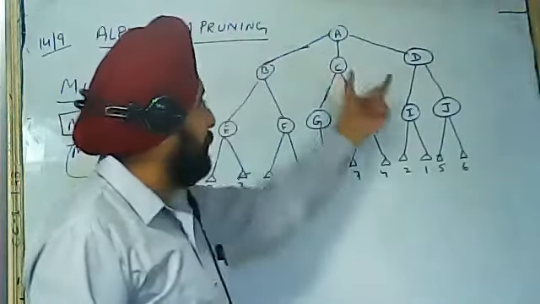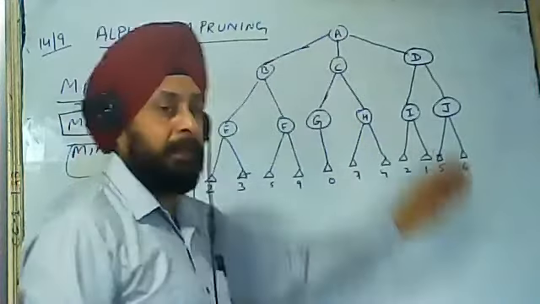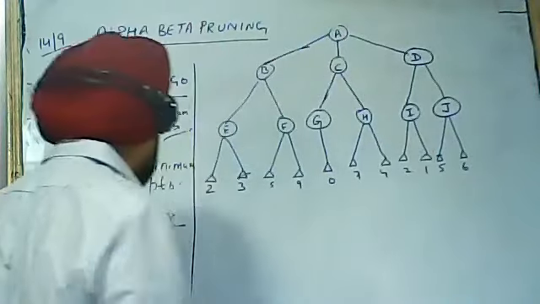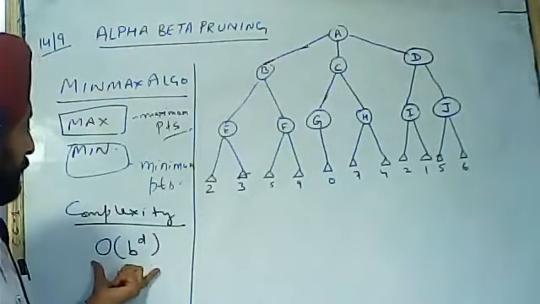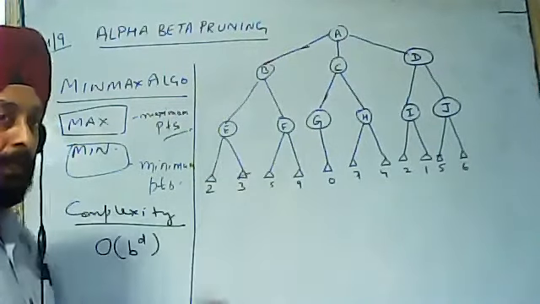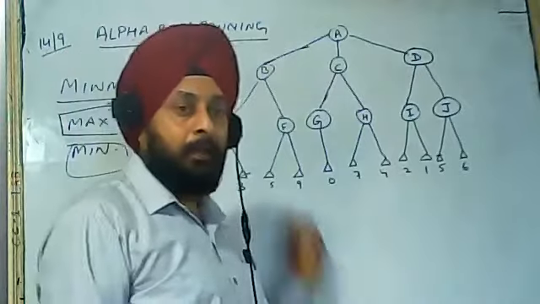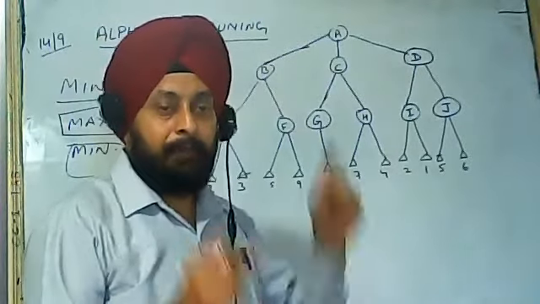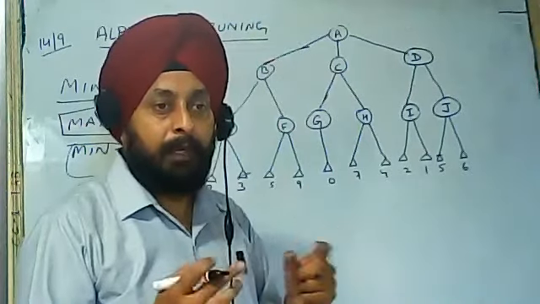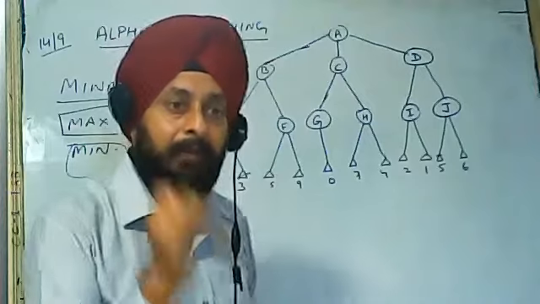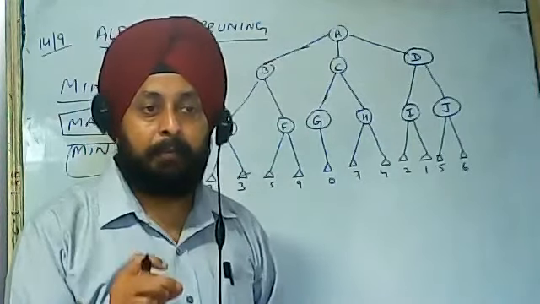All the plausible moves, all the legal moves, are represented by the game tree. So if B and D are very high, it becomes very complex, because we have to traverse the whole tree and it will take a very large time. This is basically the disadvantage, or limitation, of the min-max.